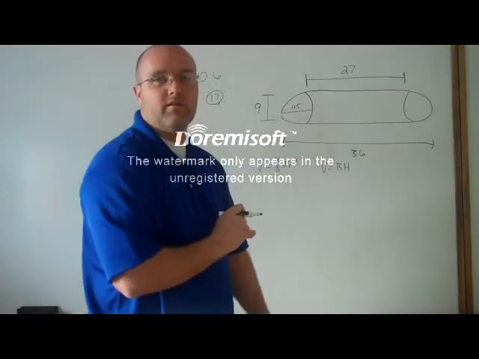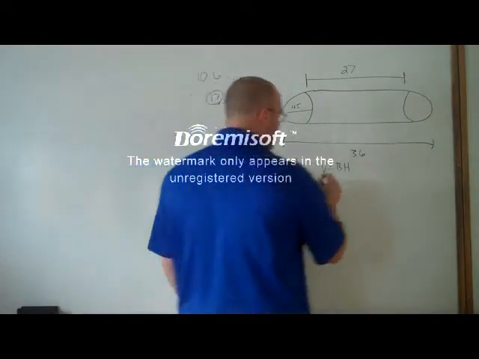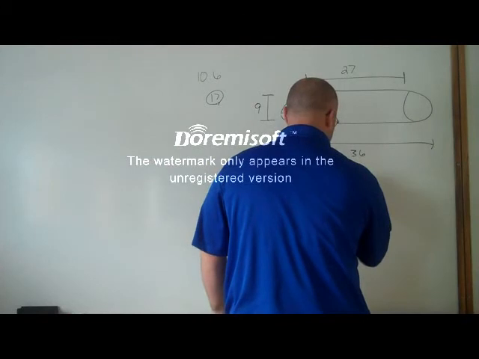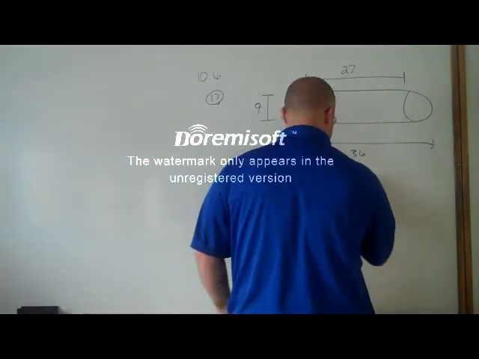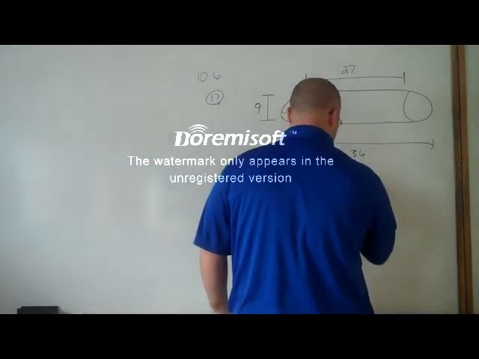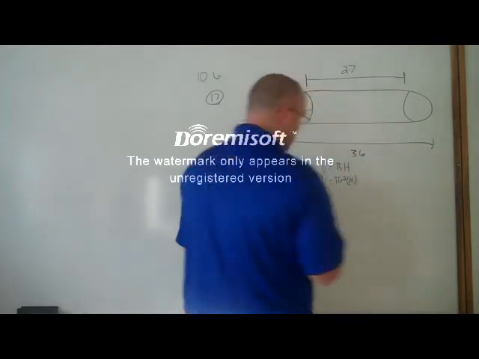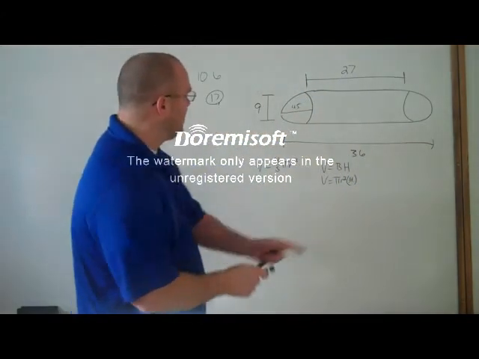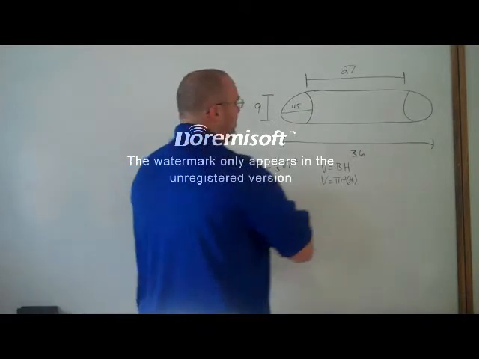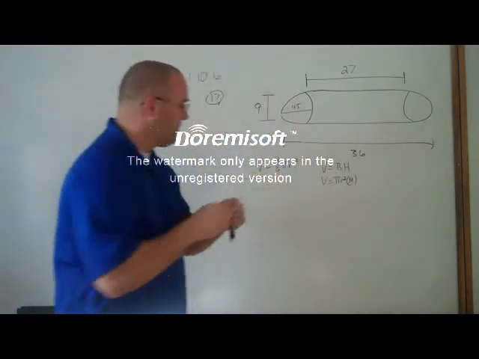Volume of a cylinder, base times height. What's the base? The area of the base formula is pi r squared times 8, right? Our radius is what? We already figured out? 4.5.